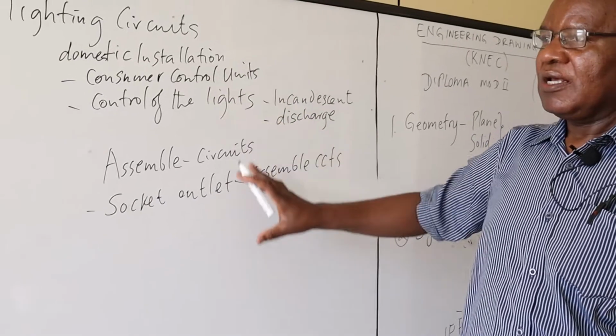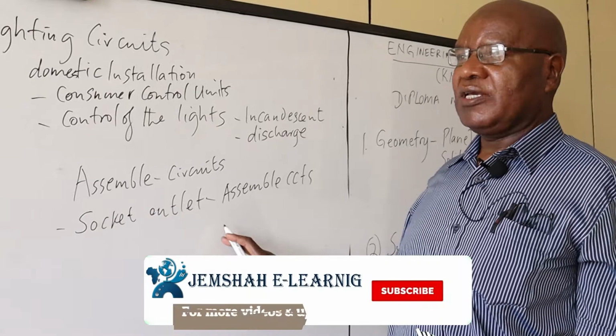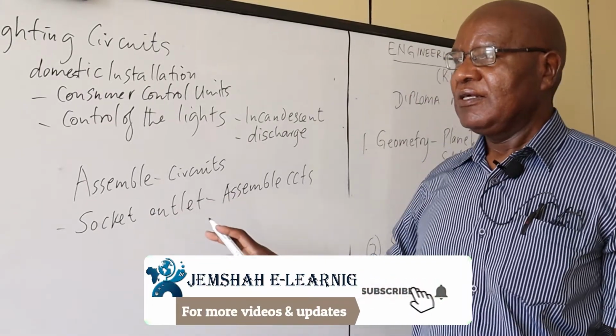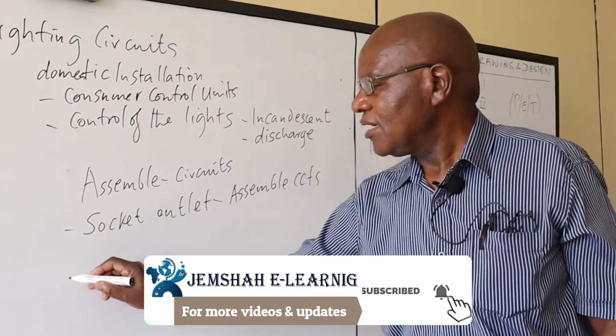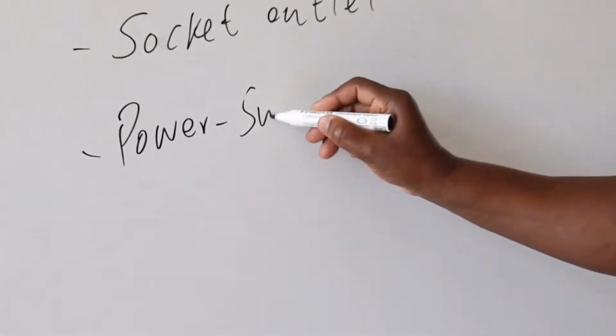And then in the domestic scenarios, we have got components, we use power supplies. That means most electronic equipment, they use DC current, so you have to look at power supplies. That means the AC has to be converted to DC.